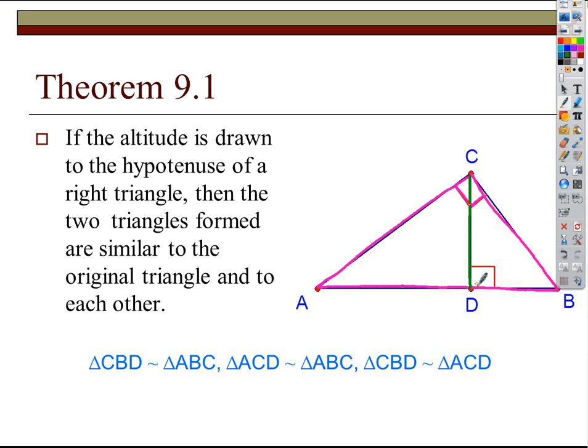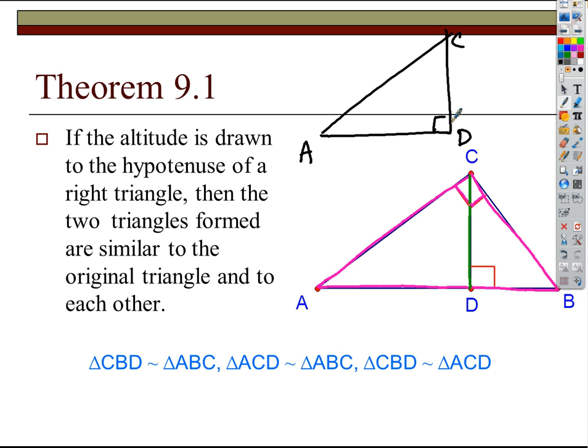So what if I were to take this medium-sized triangle and extract it from the big one? Let's draw it by itself. We'd have this triangle up here. It looks kind of like that, and that's triangle ACD. That's a right triangle. Are there two angles in the medium triangle that are going to be congruent to two angles in the big triangle?